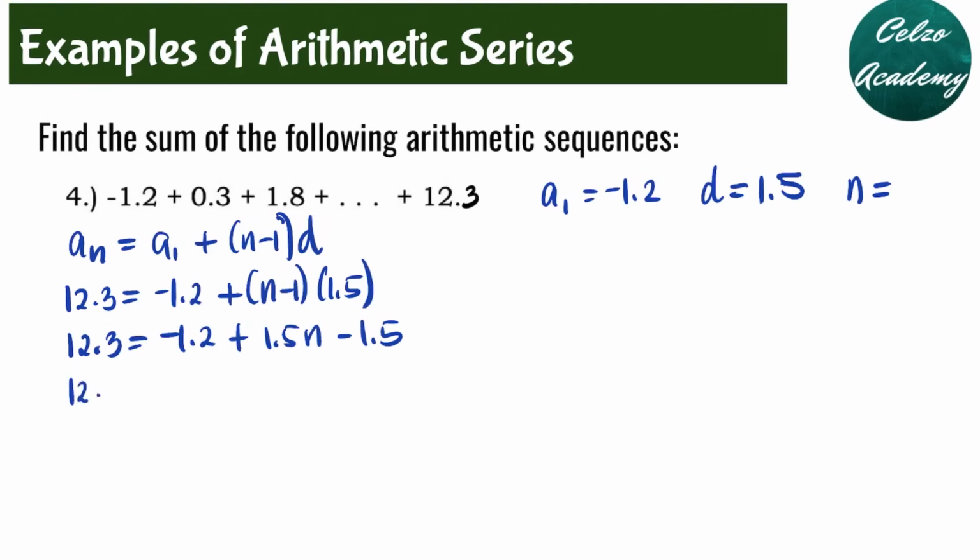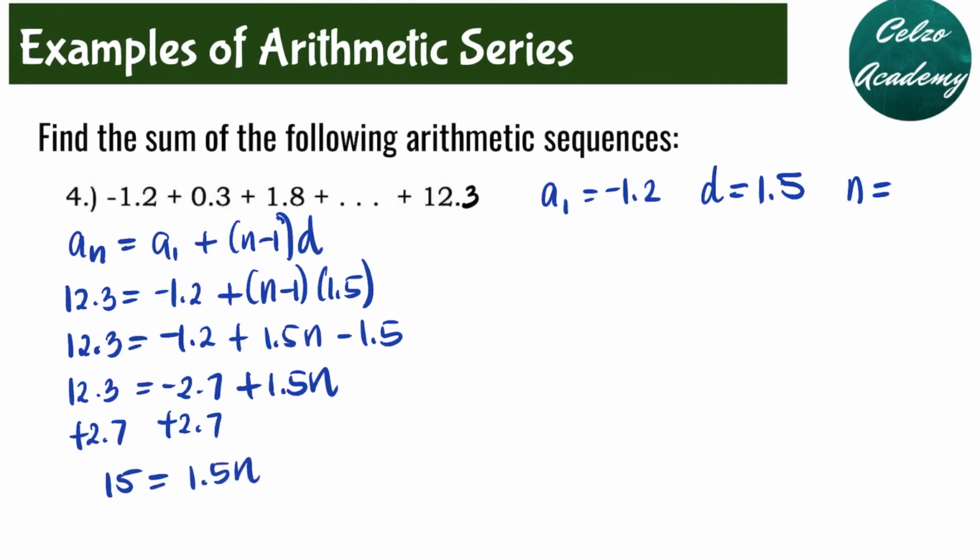Simplifying this further, we have 12.3 is equal to negative 1.2 and negative 1.5, which is negative 2.7, plus 1.5n. Now we need to add 2.7 to both sides. 12.3 plus 2.7 is 15, is equal to 1.5n. Dividing both sides by 1.5, our n value here is 10. That means there are 10 terms in this arithmetic series.